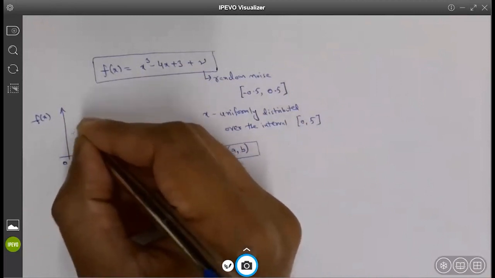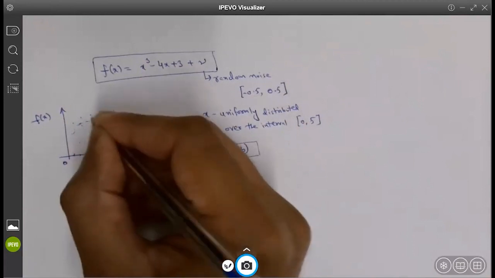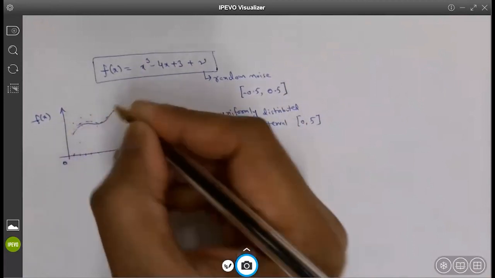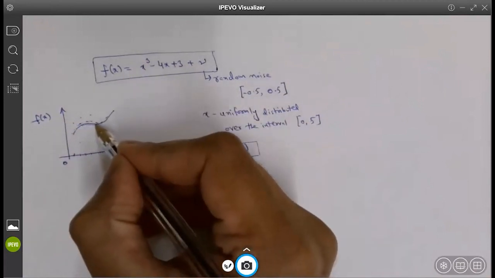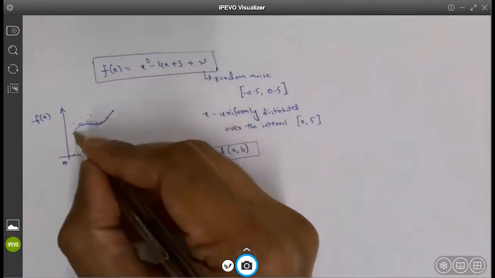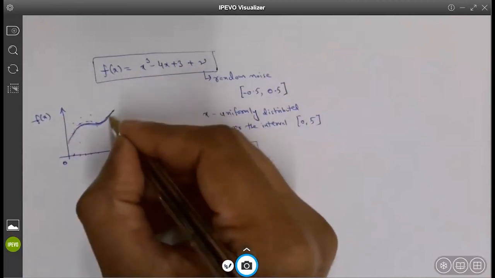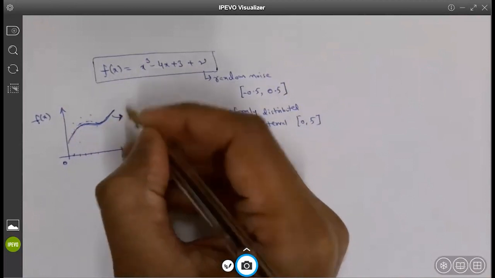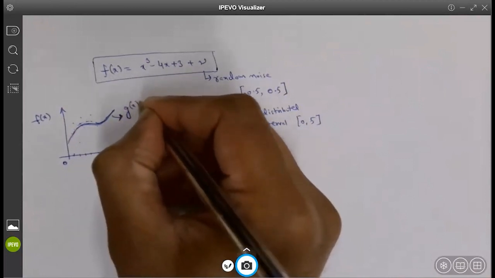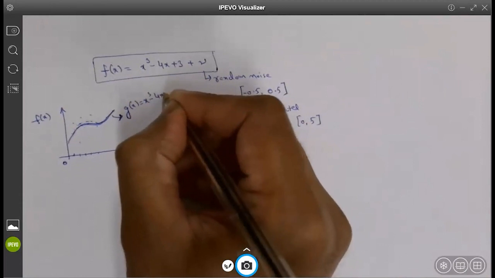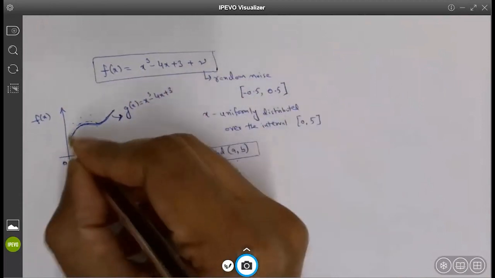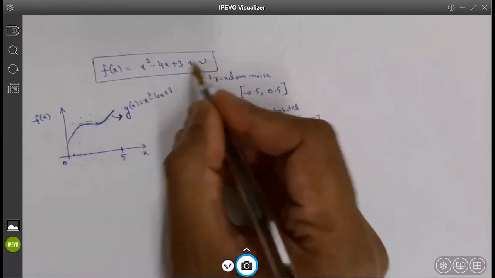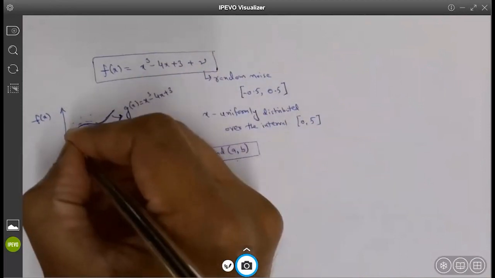Let's say that function between 0 and 5 looks like this. This is what your function f of x without the noise looks like. So g of x, which is x cubed minus 4x plus 3, is a function which looks like this. Now, if I add the noise, then f of x will not lie on this.